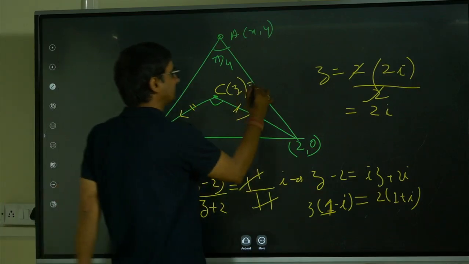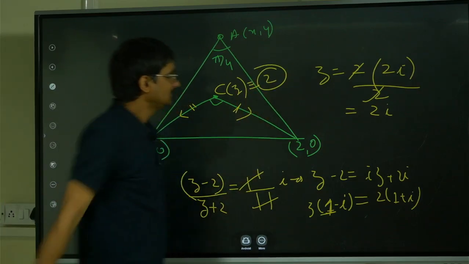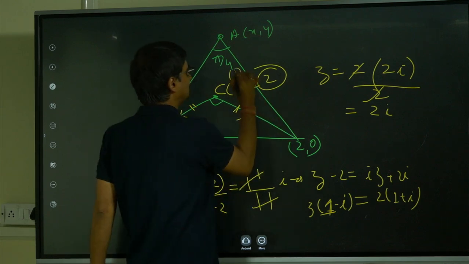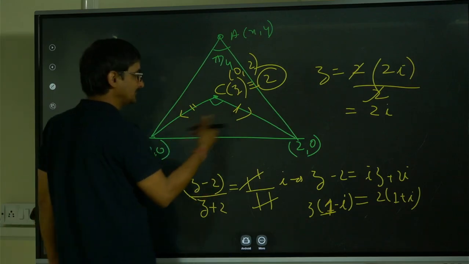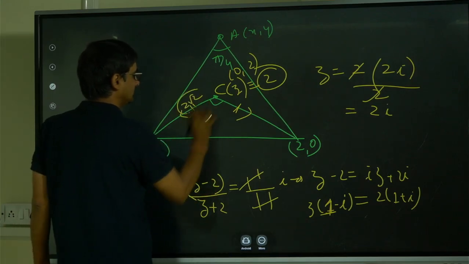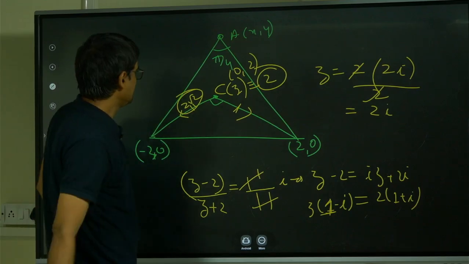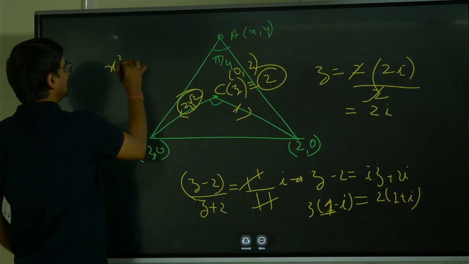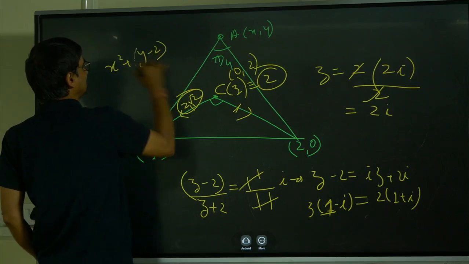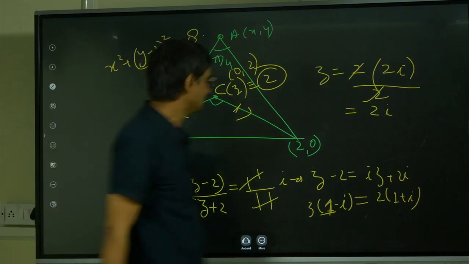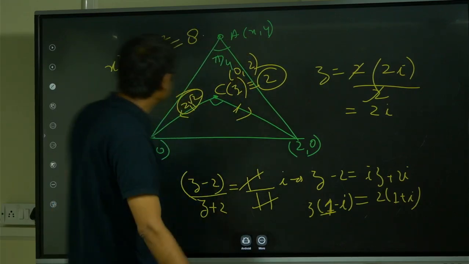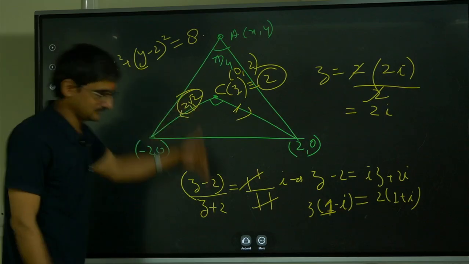So the center is 0 comma 2, and then we have the radius also, isn't that? From 2, 0 to 0, 2, the radius is 2 root 2. So it's a circle, x square plus (y minus 2) whole square is equal to 8. That's it. The point is, can we have it on the other side also?